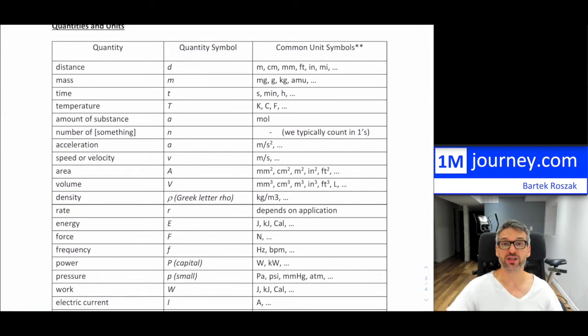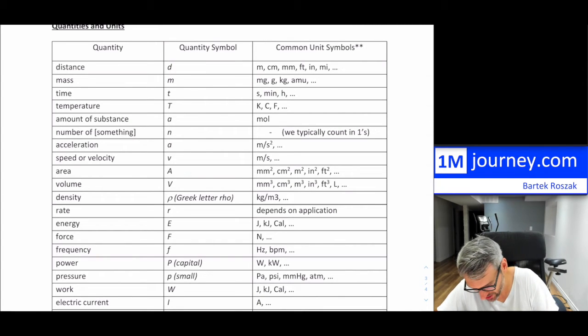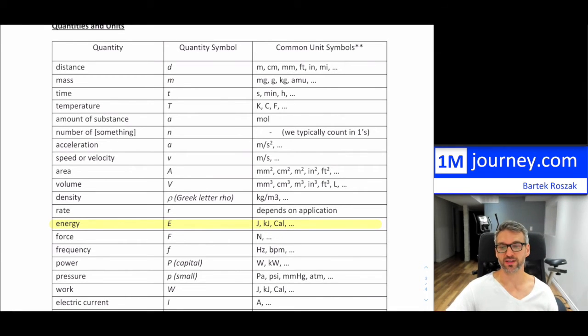Initially when you're starting, you might want to have a table, especially in sciences, of the quantities that you want to work on. But if you do enough questions, you won't really need the table and you're going to be able to pick off the items. So the quantity in this case was basically energy. The symbol for energy is capital E. And then I have some units.